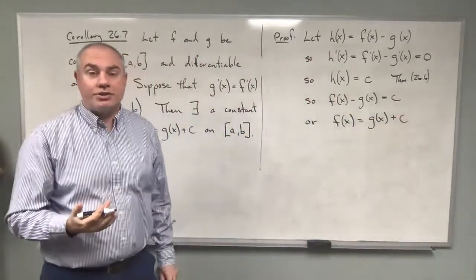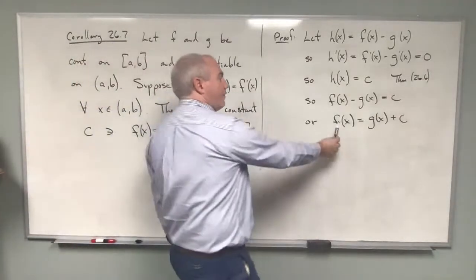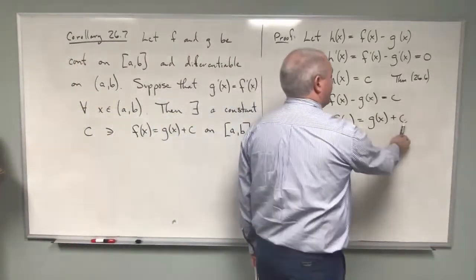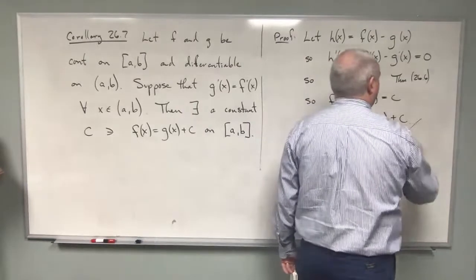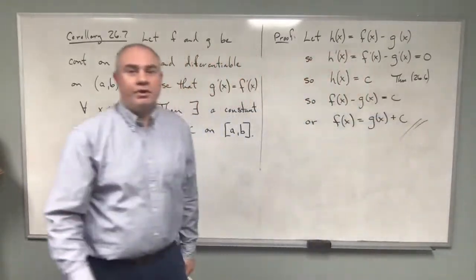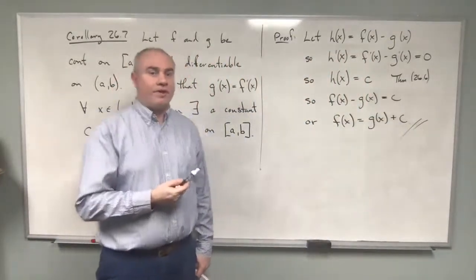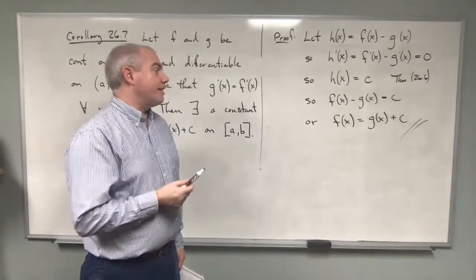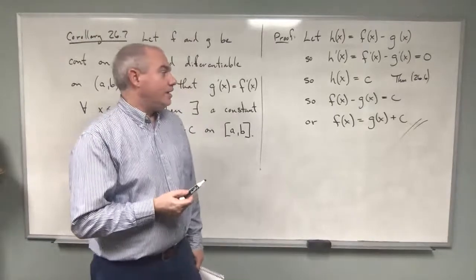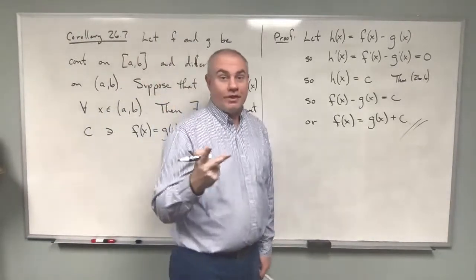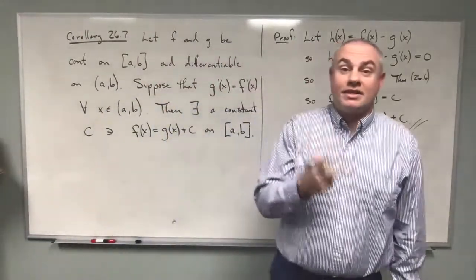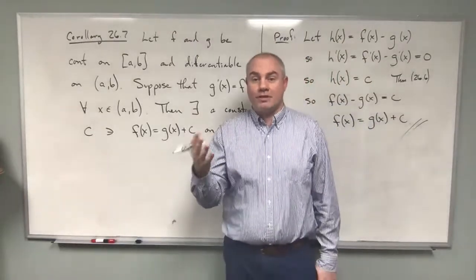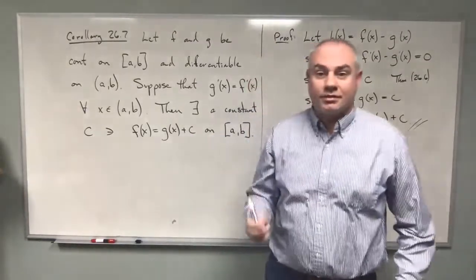And that's what we wanted to show: the function f of x must be just g of x plus some constant. And that's the proof. That one's pretty easy to prove if you construct this new function h. And that shows us that if two functions have the same derivative, then they are basically the same functions other than possibly a constant.